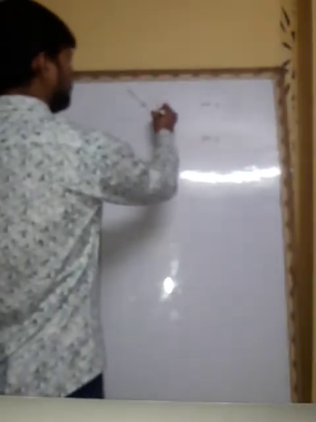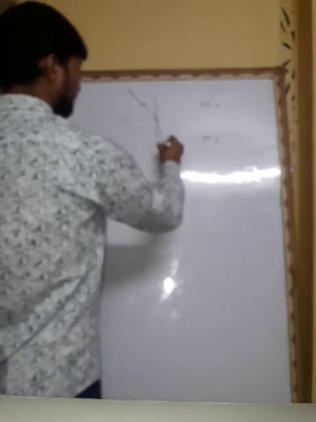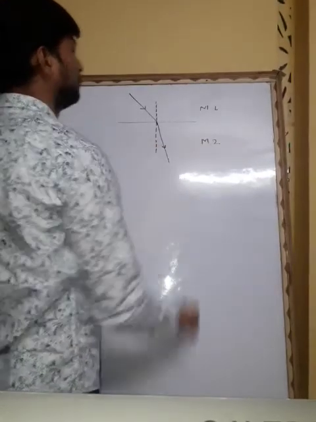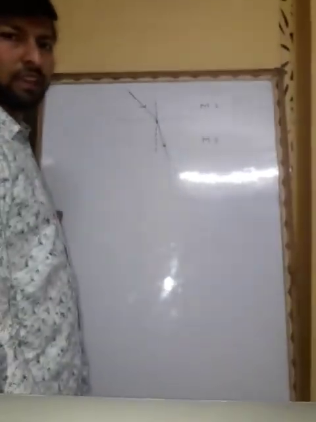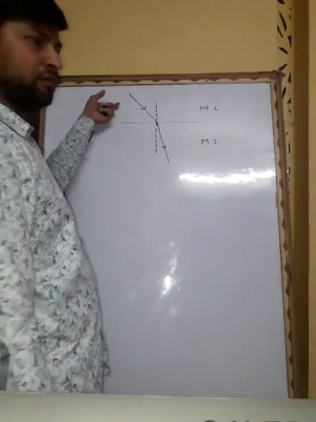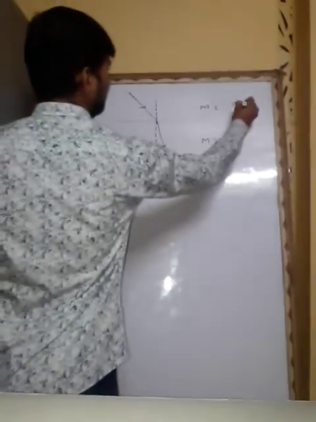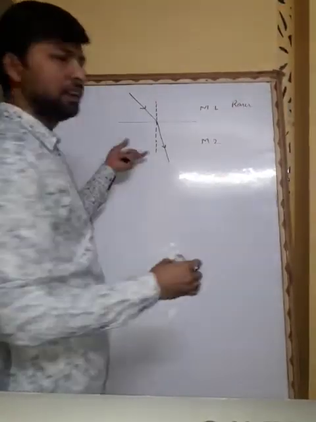Light falls obliquely from one medium, and by making normal, it bends in another medium. The first medium from where light is coming is called rarer, and the other medium is called denser.